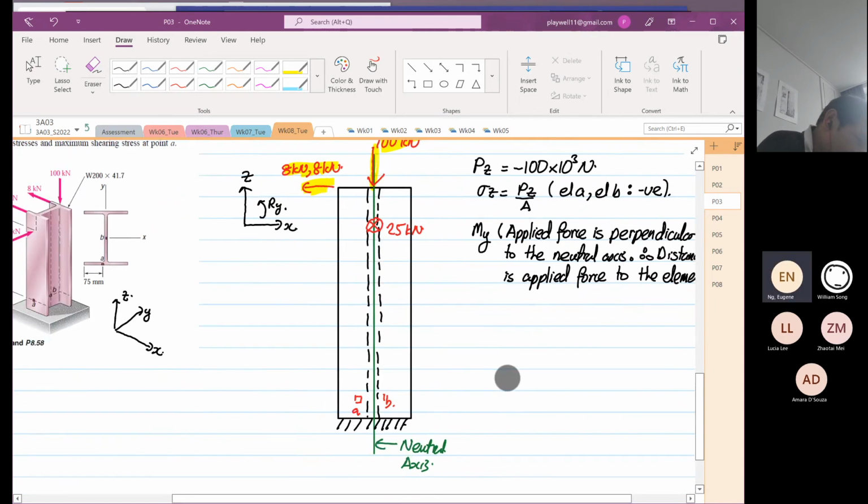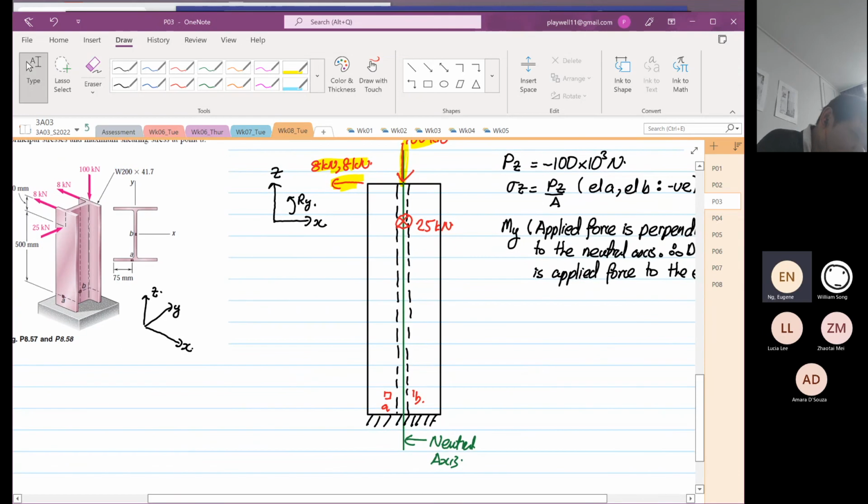Okay. So we know by looking at the diagram over there, moment in y. I'm going to take positive as going in the anti-clockwise direction. So moment in y will be equal to twice 8 times 10 to the power 3.